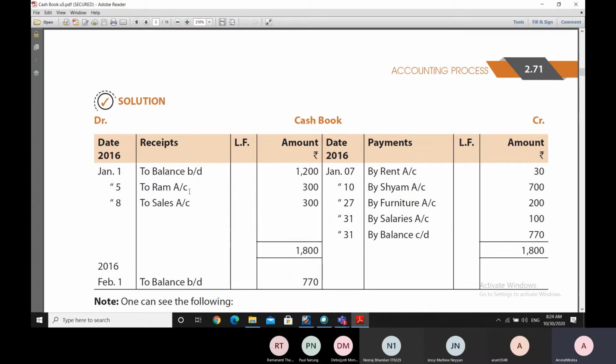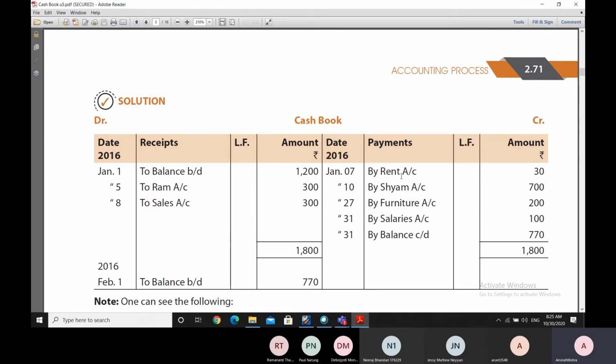When we say "to RAM account," it means the money received from RAM. So credit will go into RAM account and debit has come into the cash book. That is how the journal entry would be: debit cash book 300, credit RAM account 300.